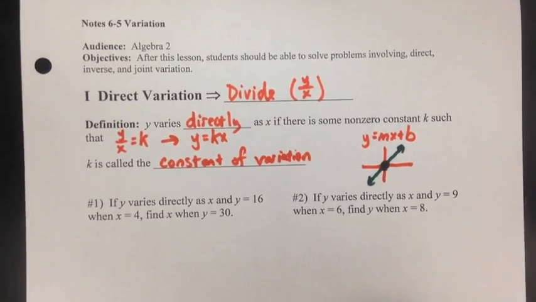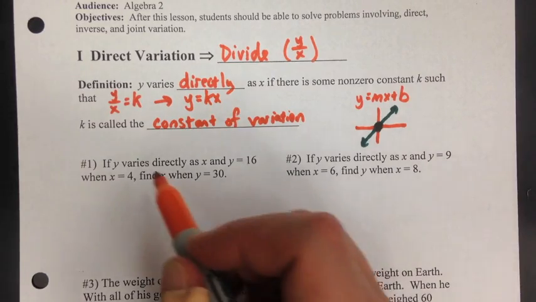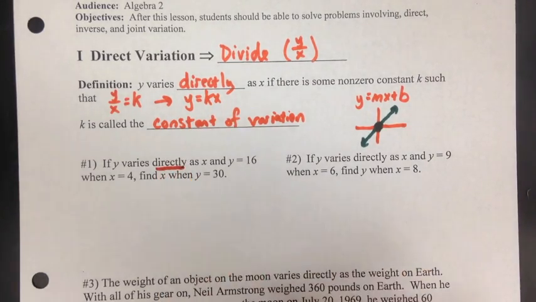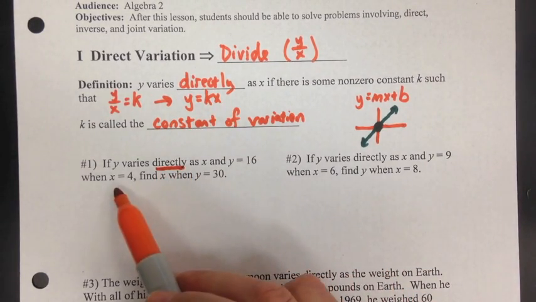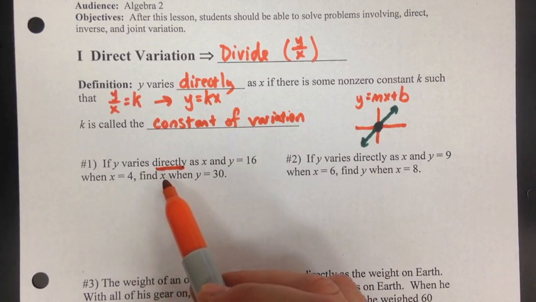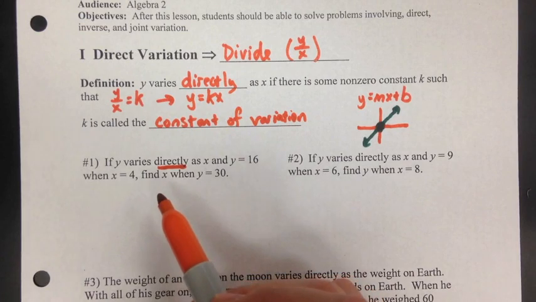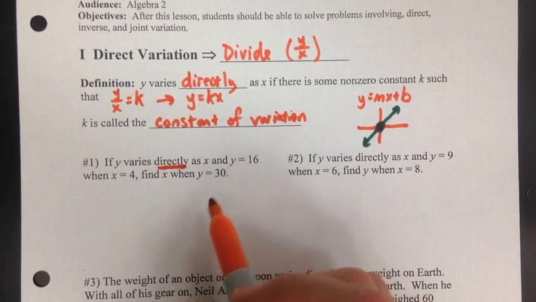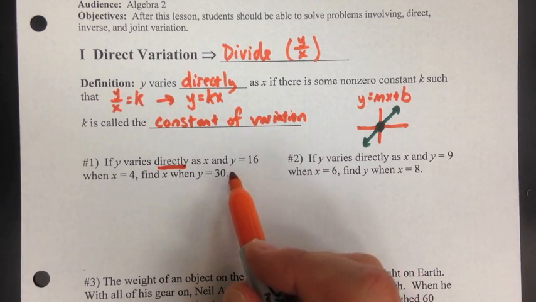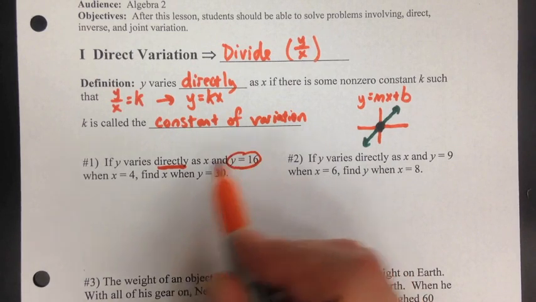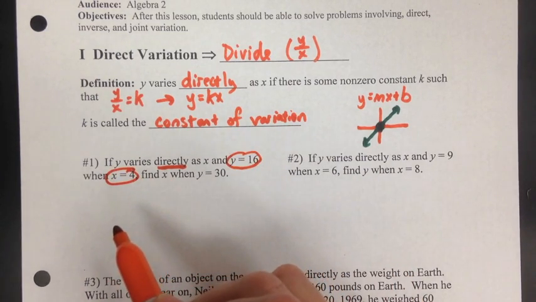So number one, if y varies directly as x, so the key is it's a direct variation, y equals 16 when x equals 4, find x when y is equal to 30. I'm going to set this up as a division problem, y over x. Now they give you one situation, y equals 16 when x is equal to 4.